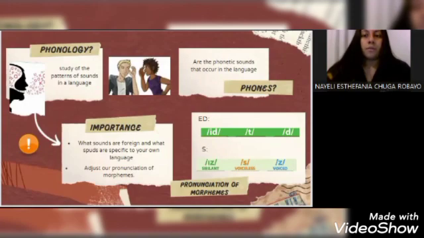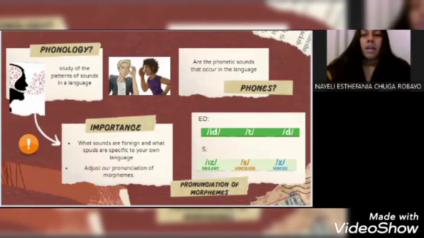Then for the T sound, it can be helped, looked, or fixed. Then for D, it can be loved, used, amazed, or cleaned.